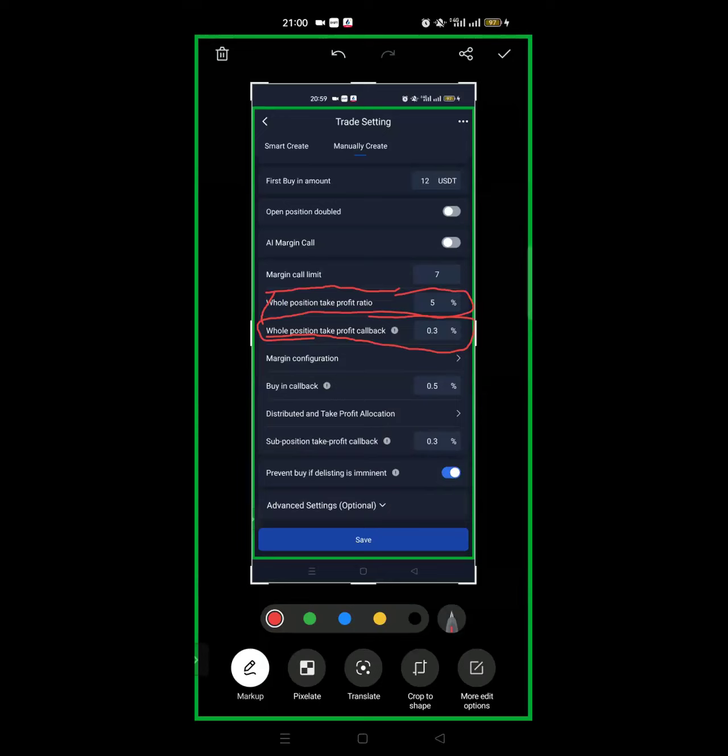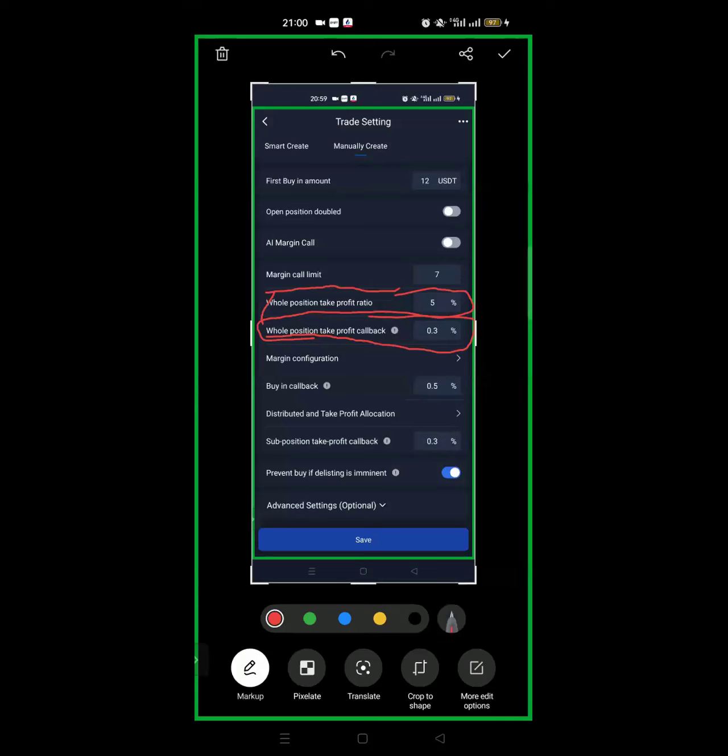Because the callback function enables your robot to monitor the market, when the robot gets to the amount you set, it is not going to immediately trigger and do the exact thing you asked it to do. So for 5%, immediately that coin pumps to 5%, your robot is not just going to lock in your profit and close the trade. No.